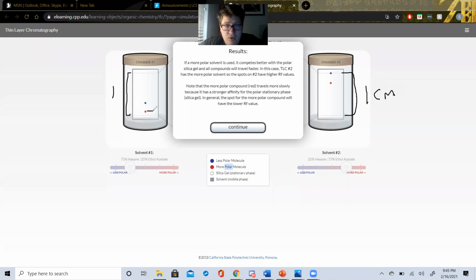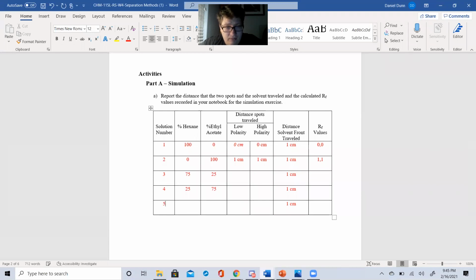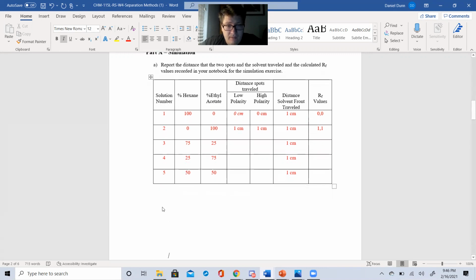How far did this guy move? How many centimeters? How far did this guy move? How many centimeters? Same thing. You then take that information and add it in here. The last trial, you'll do 50%, 50%, and you'll figure out what moves. You have to fill the rest in. I will not do that for you. If you have questions, you can always email me. That's part A.